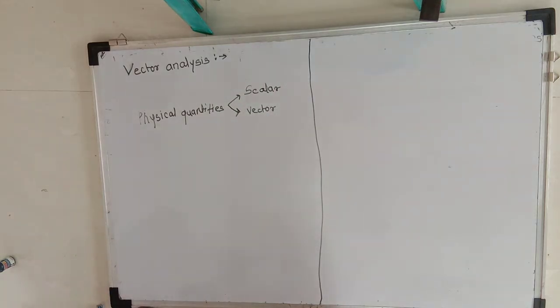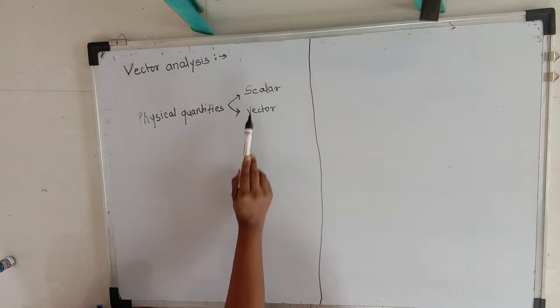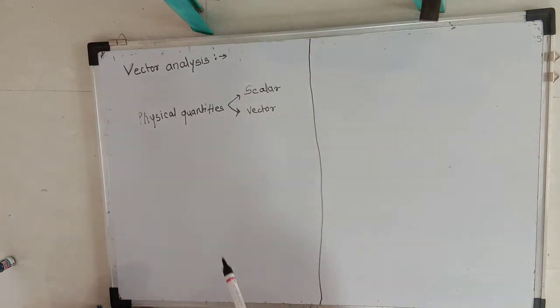What is the difference between them? To define a scalar physical quantity, we require only the magnitude of that physical quantity and its unit. It is sufficient to define the scalar quantity.